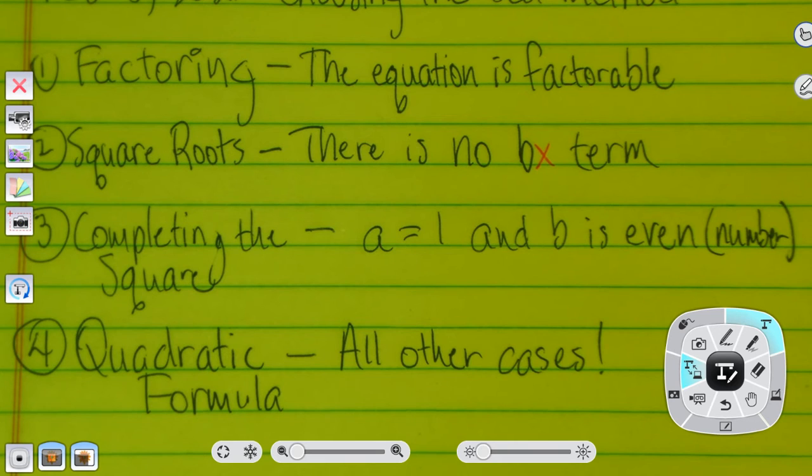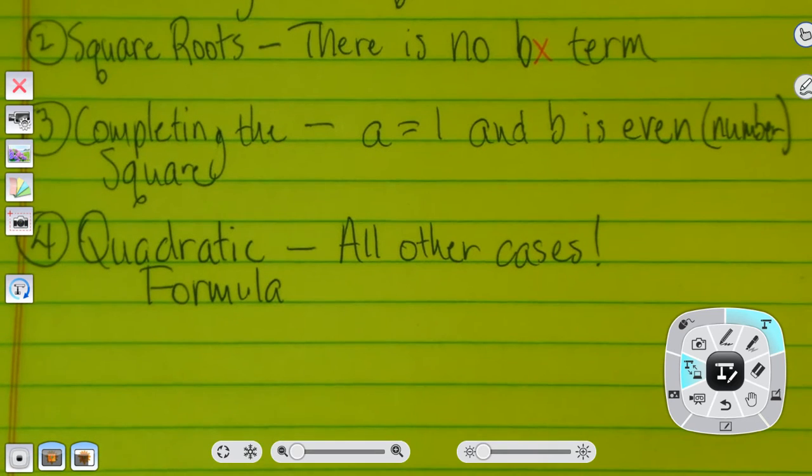How do I know when a quadratic is factorable?